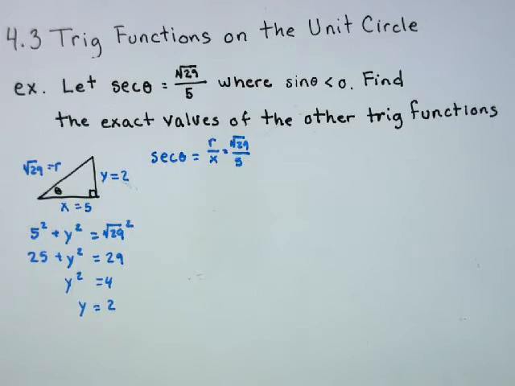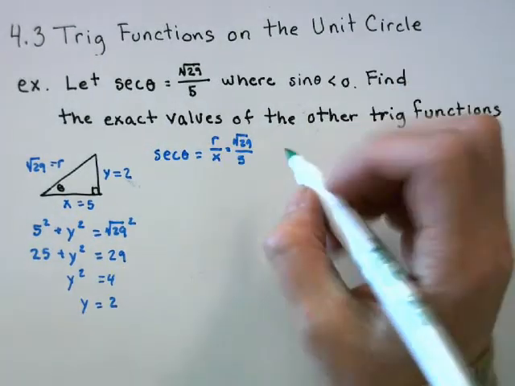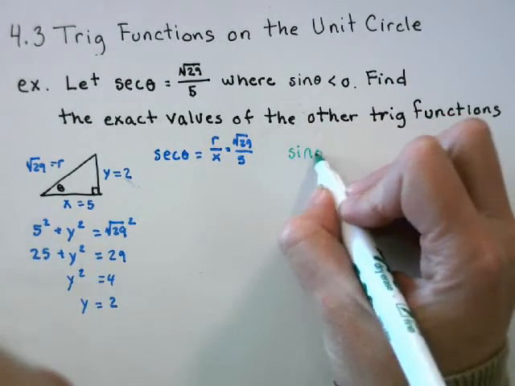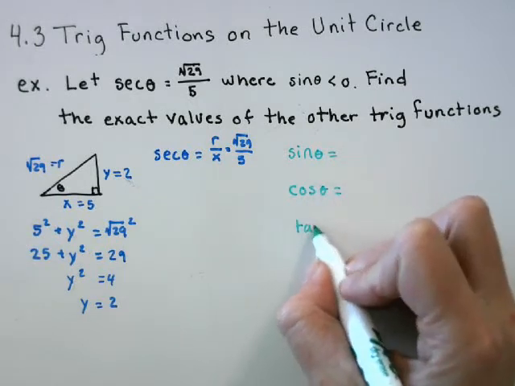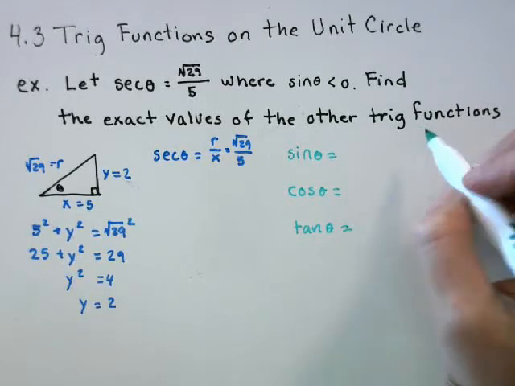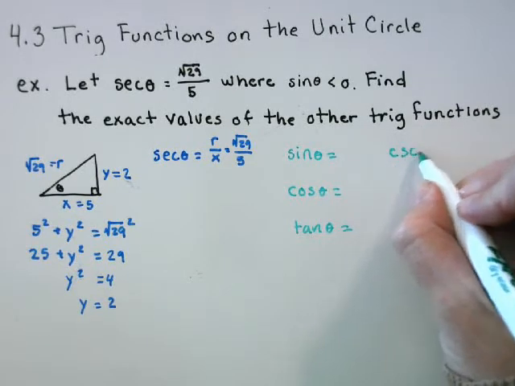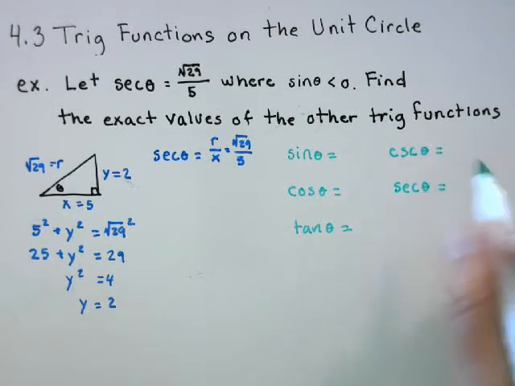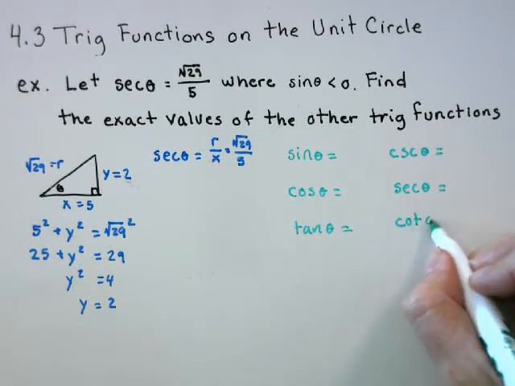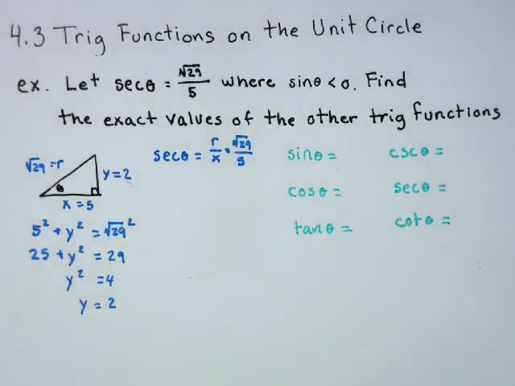I'm going to write down all the trig functions that I'm trying to find. And I'm going to include secant even though I already know what it is. Okay, I'm not going to worry about positive and negative except for this one time.